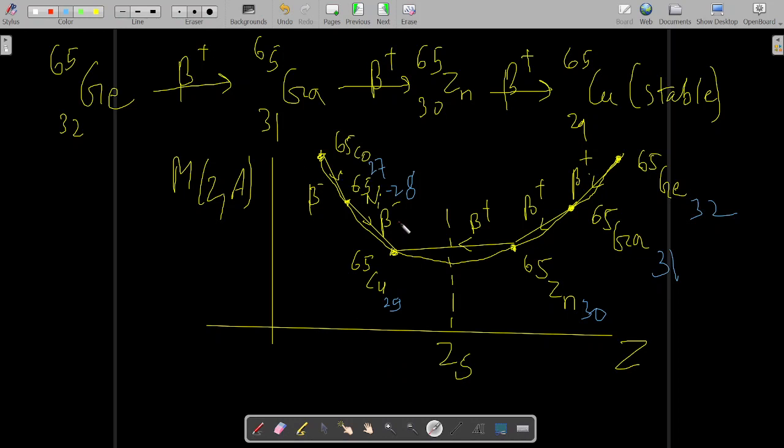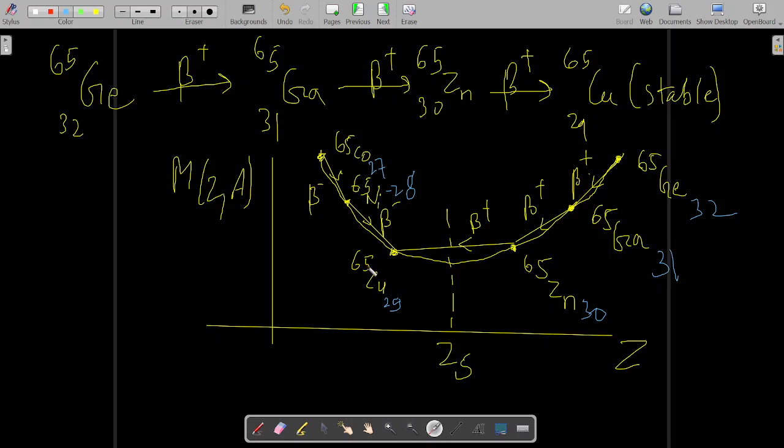What happens is that suppose in this particular situation the nuclear configuration is such that the nucleus has the most stable nuclear configuration when 65 atomic mass number corresponds to 29 protons.